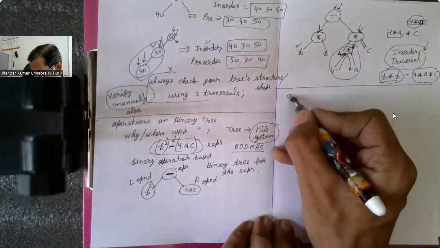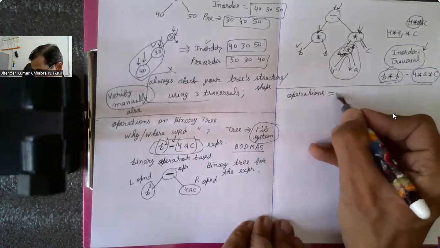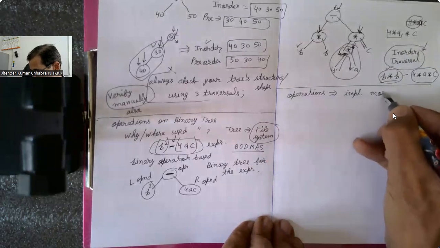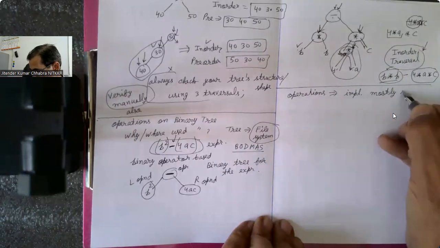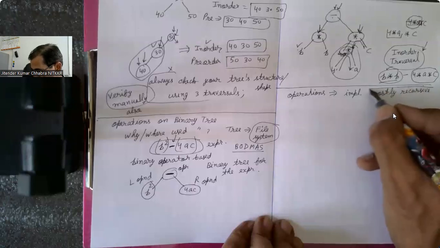So let's see now how to have operations implemented. Implementation, again, as you can smell, is mostly recursive and easy. Non-recursive implementation will be much more difficult.